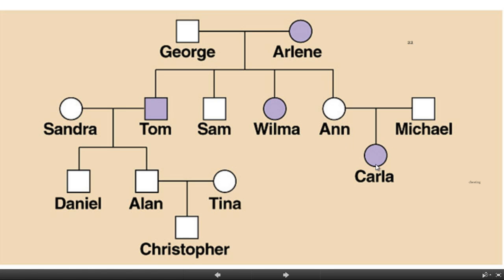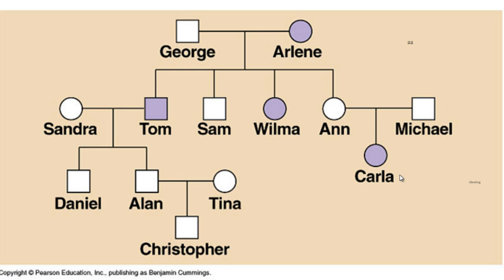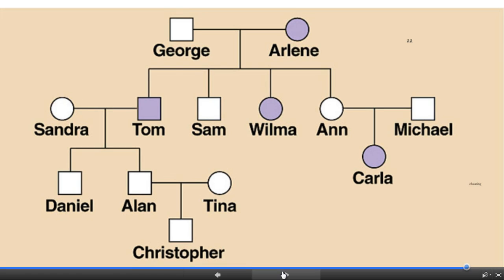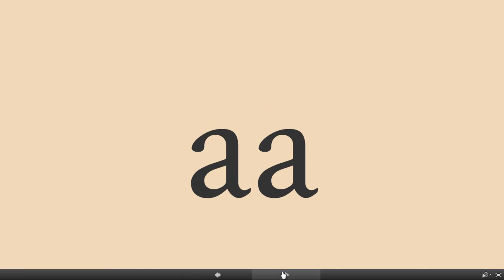Obviously Carla has the condition, so if it's caused by a dominant allele, she must have received one of those alleles from one of her parents. Both Anne and Michael don't have the condition, so we can tell what their genotypes are. In this instance, they both must have small a small a, so they must be homozygous, just with the healthy allele.